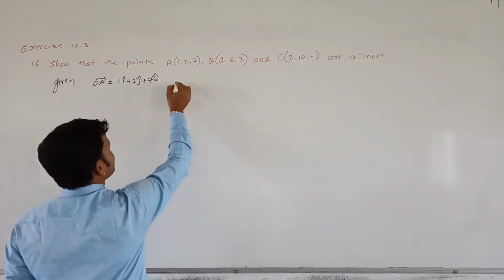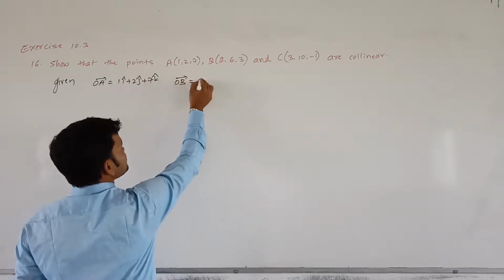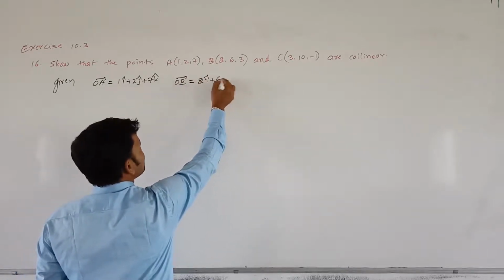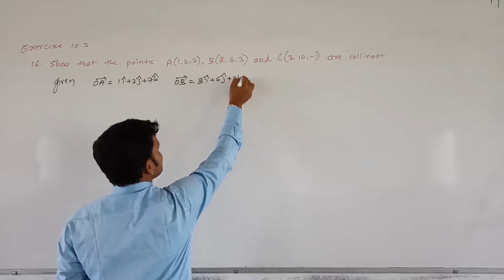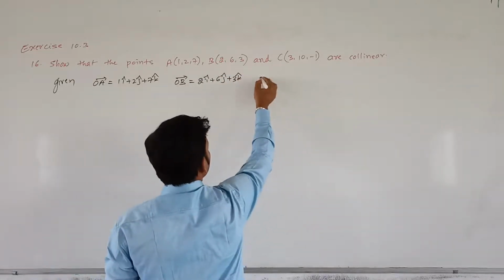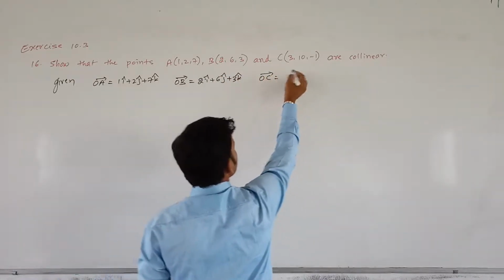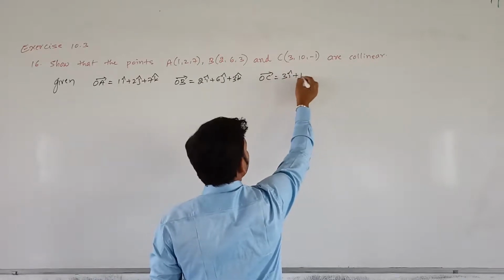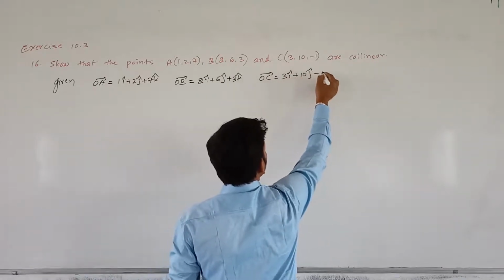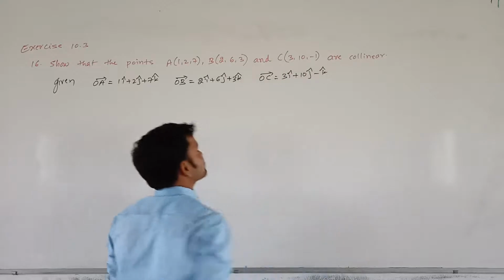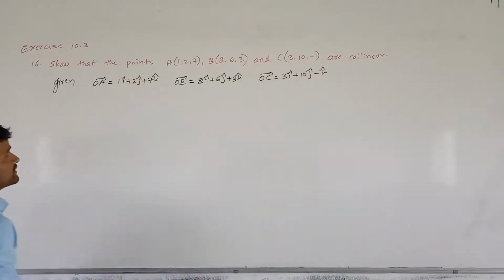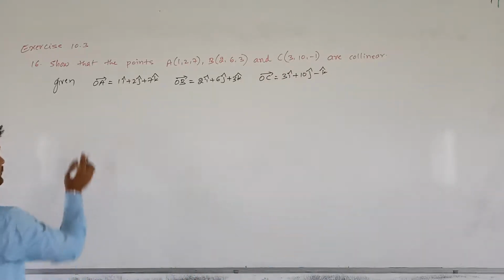Then we will write vector OB here. Vector OB is equal to 2i plus 6j plus 3k. Then what about the vector OC? OC is 3i plus 10j minus 1k. Okay, fine. OA, OB and OC position vectors we wrote.